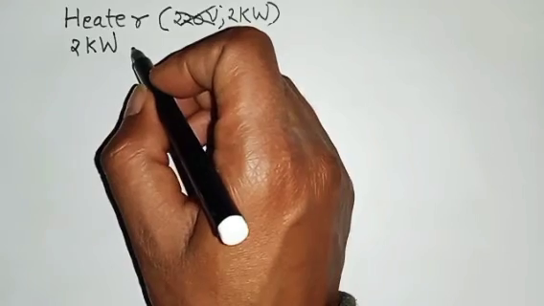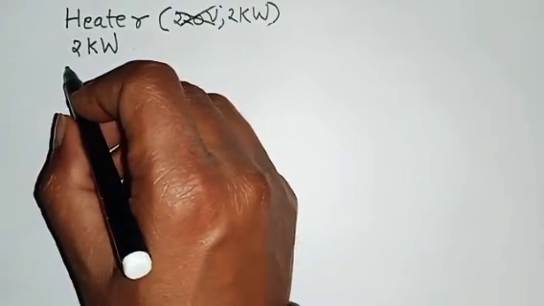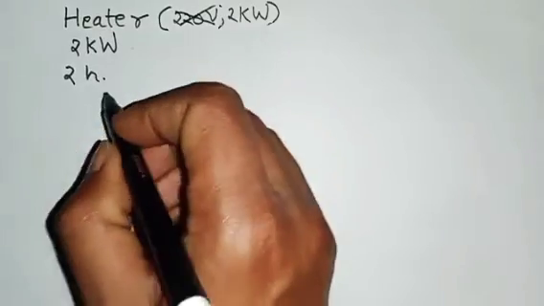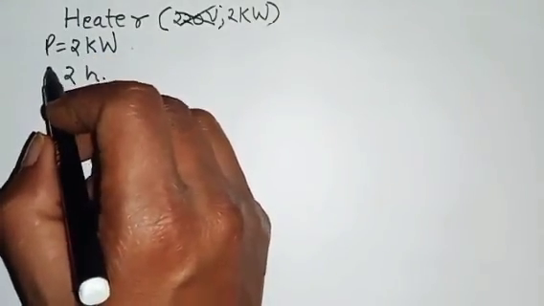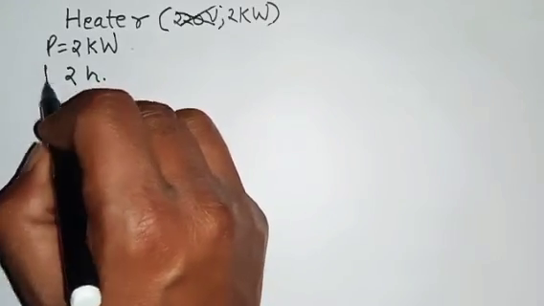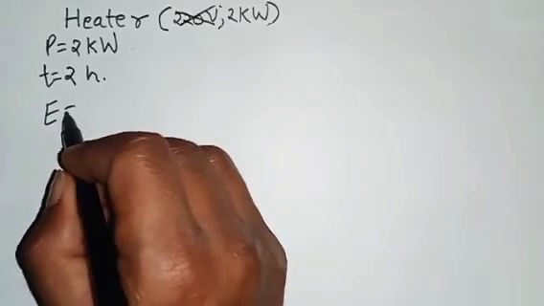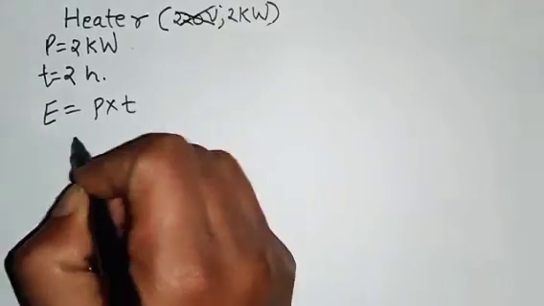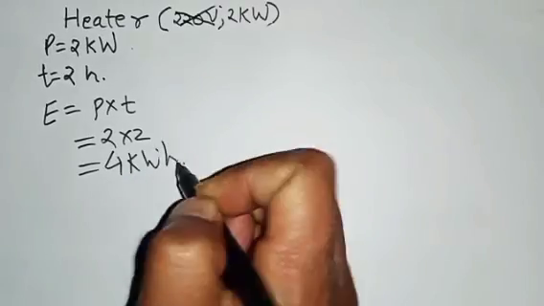And if you run that heater for, let us suppose, 2 hours, then this is power utilized by it, power rating of it, and this is time till which we have used it. So energy consumed by it will be power into time, that is 2 into 2, that is 4 kilowatt hour.